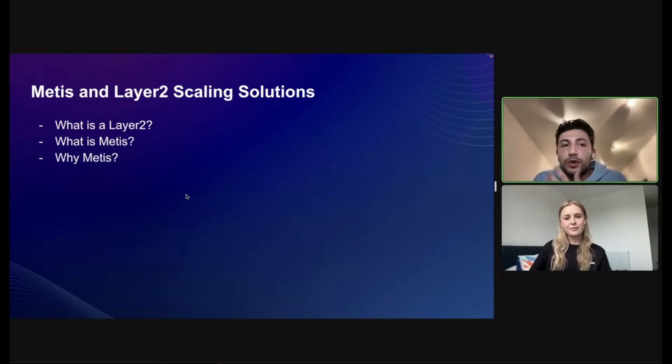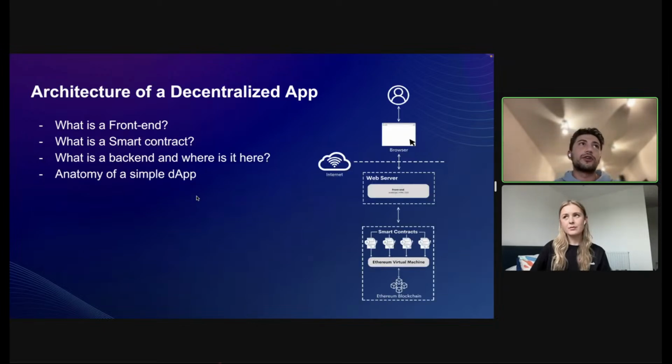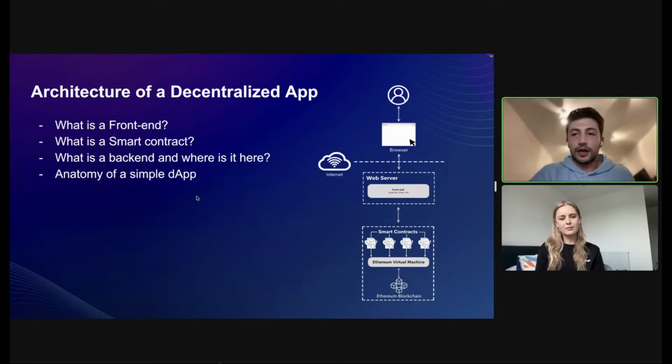Now, what to build? When we say build on the blockchain, we talk about decentralized applications. The simplest decentralized app is comprised of two main components: the front end layer and the smart contract layer.